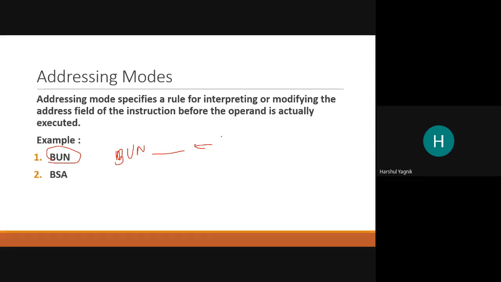So that is direct addressing mode. Then suppose there is a BSA instruction, branch and save address. This will also have an address. This is also direct addressing mode, but this will do the task of branching to that address and, first before that, storing the present program memory address.